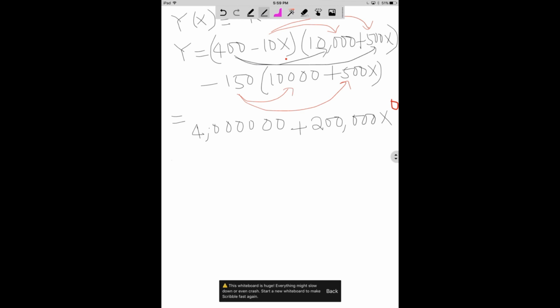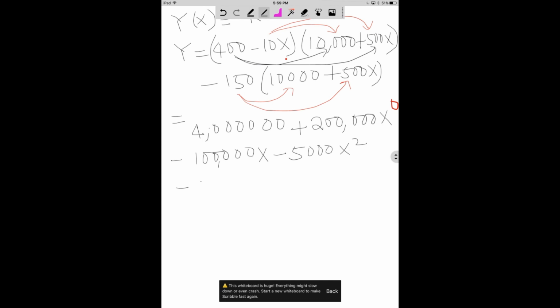Then negative 10x times 10,000 is negative 100,000x. Negative 10x times 500x is negative 5,000x squared.